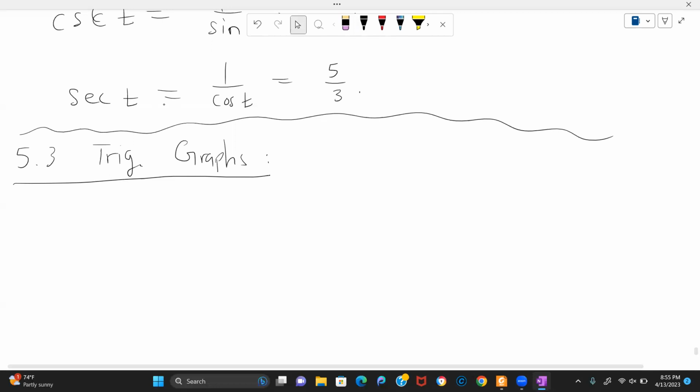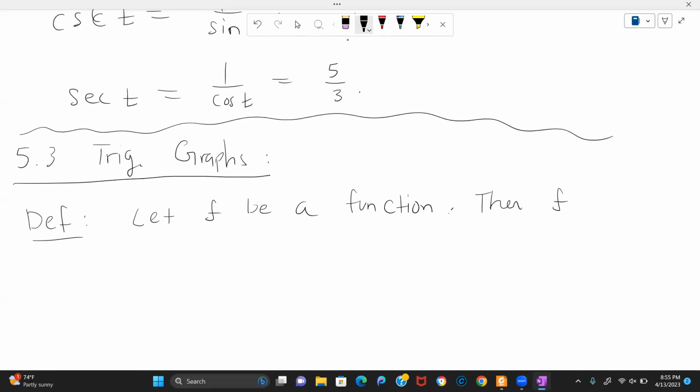So first of all, let me remind you what a periodic function is. Here's a definition. Let's say you have a function, let f be a function, and of course it's on some subset of real numbers.